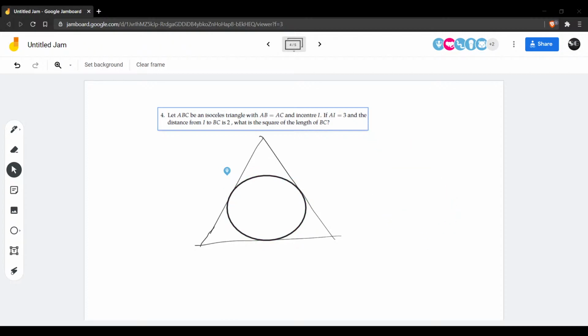Yeah, the diagram is imported. So just measure the length.